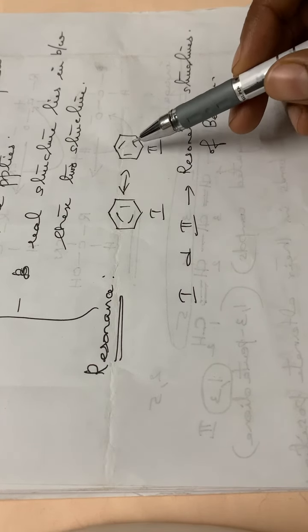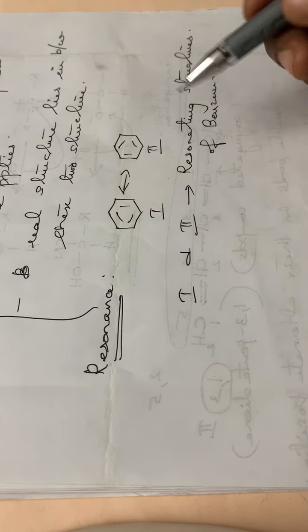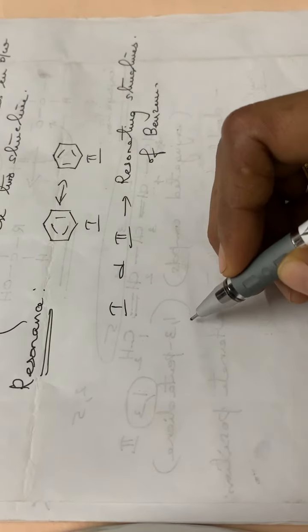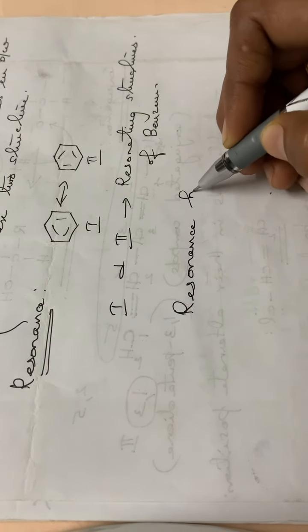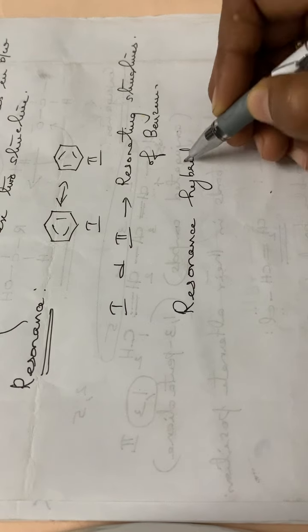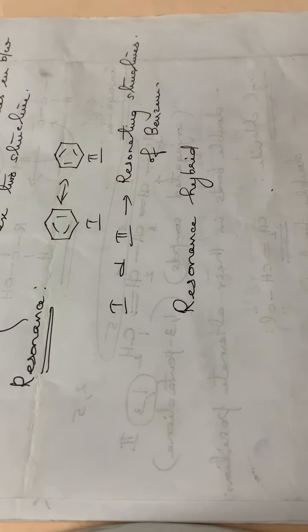And also the actual structure, or the real structure, will be in between these two structures. The actual molecule is said to be, the actual structure is called a resonance hybrid. The actual structure will be a resonance hybrid of these two structures.